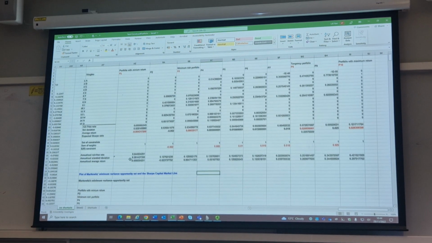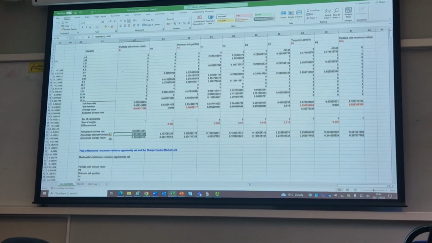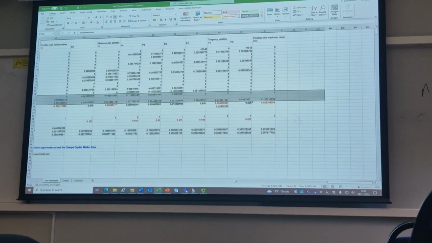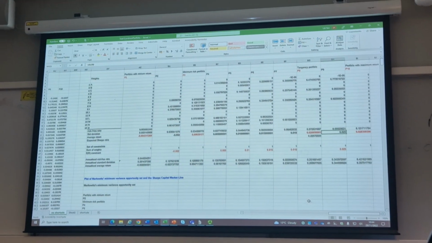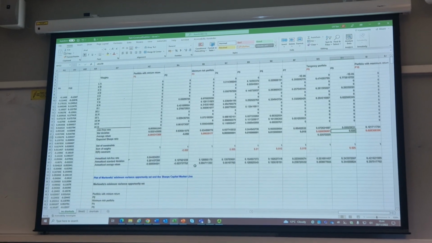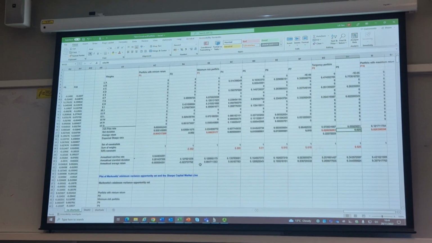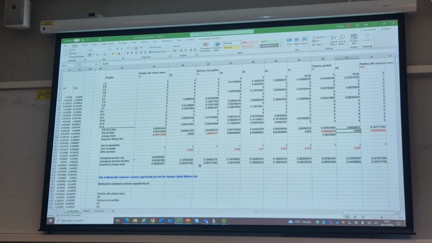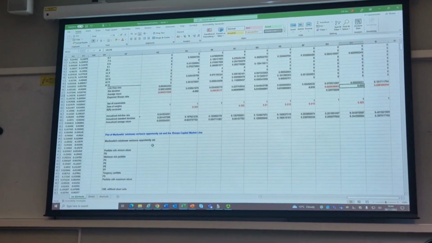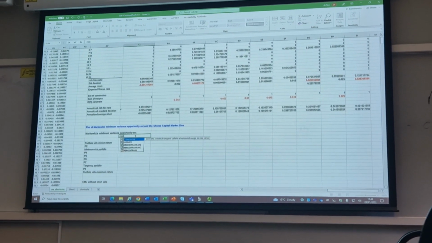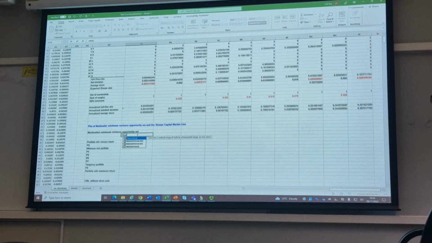These two rows are basically the annualized standard deviation and annualized return of these 10 portfolios. We still remember how to convert monthly return to annual return, or monthly standard deviation to annual standard deviation. So we can transpose that. We just use the transpose function.